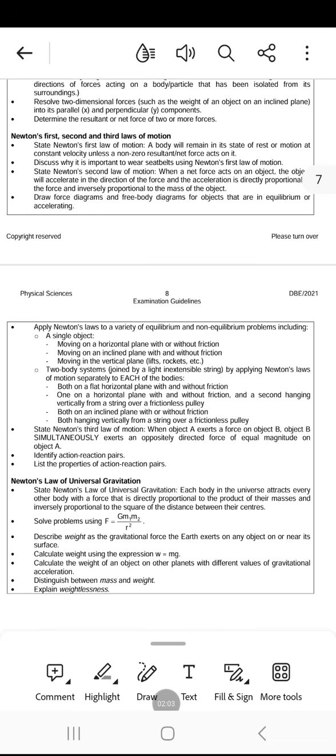As you can see from the definition, this law applies to an object which is at rest, or to an object which is in motion with constant velocity.